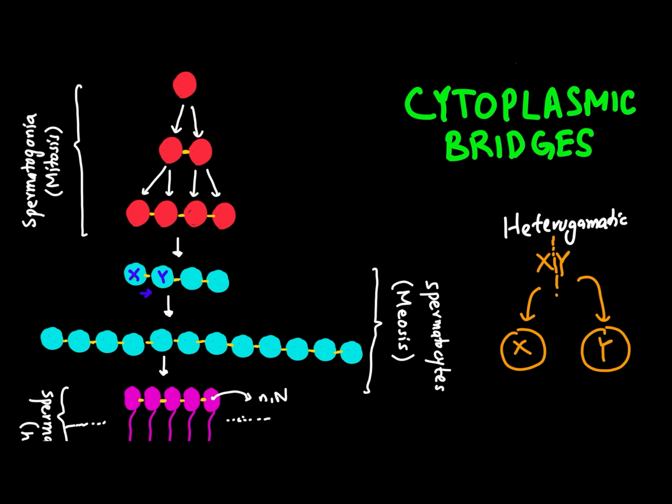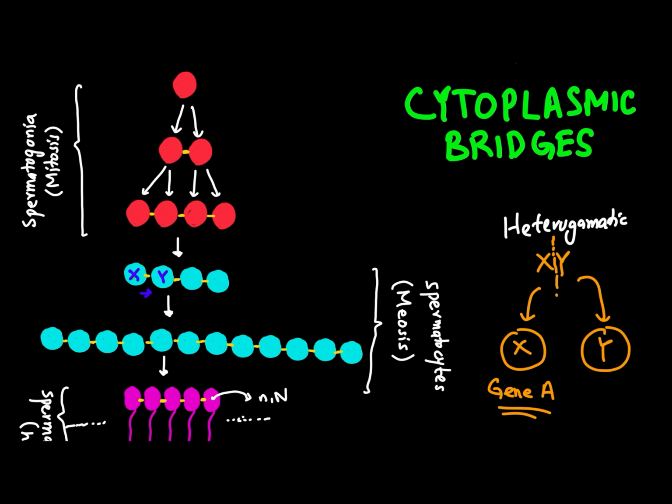Now let's say for example there is a gene, called X gene A. This gene A has the code for producing a protein that is very important for the spermatogenesis process.